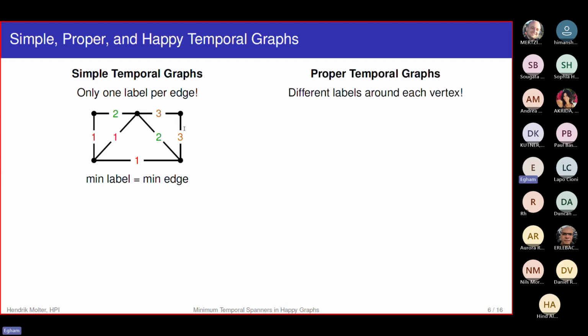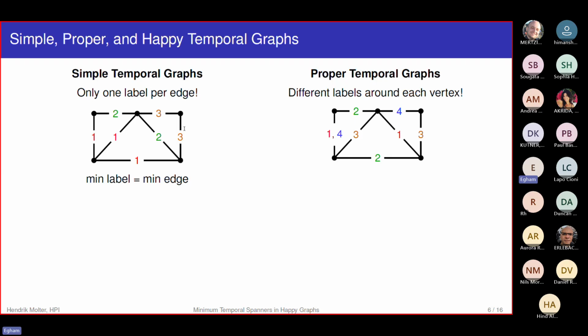Then there are temporal graphs which are typically called proper. Their property is that if I look at a single vertex, all the edges incident with that vertex have different labels. The naming comes from the idea that if you treat the labels as colors, then this is a proper edge coloring. In this example, we can see that this temporal graph is proper.